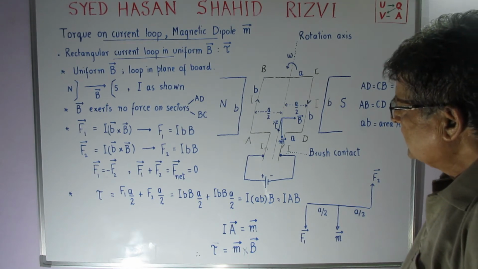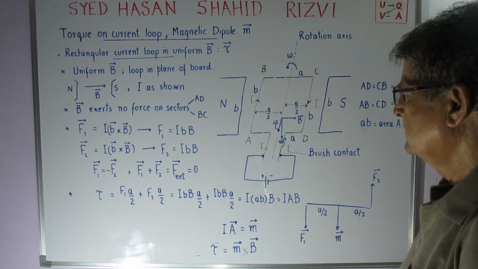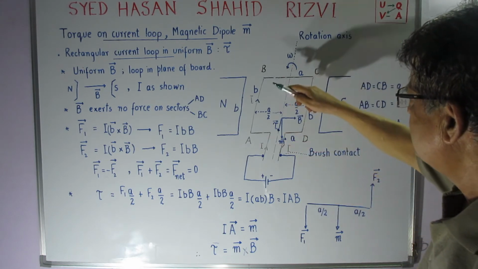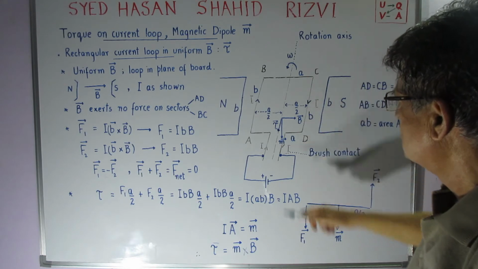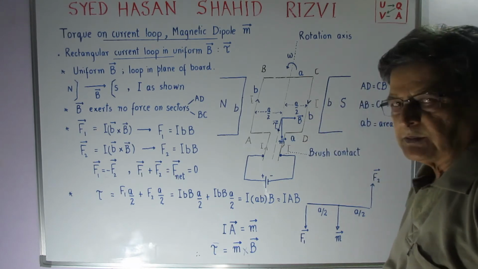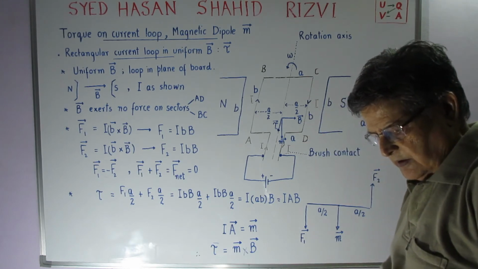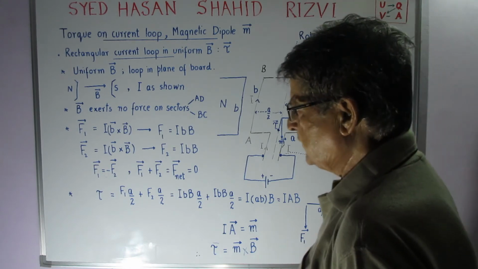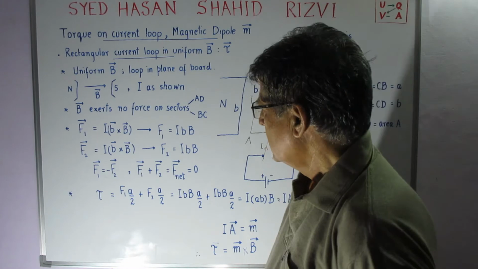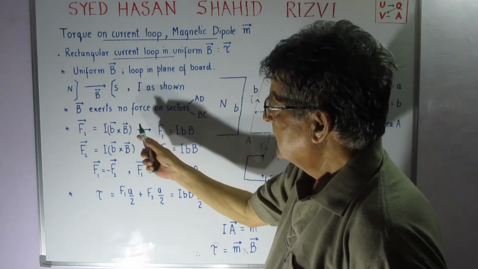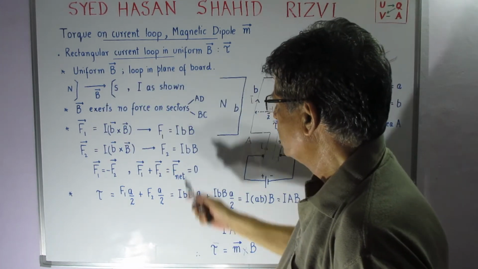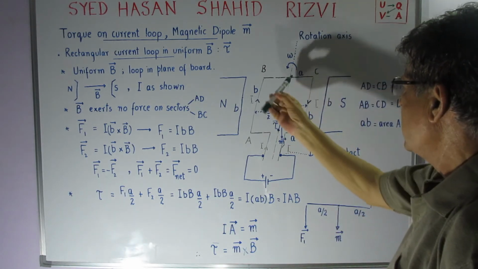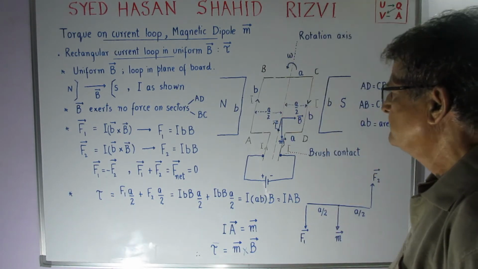So you can see that there are various sectors, and according to the rules of the game that we have learned about the lengths of current carrying conductors experiencing force, B will exert no force on the sectors AD and BC.